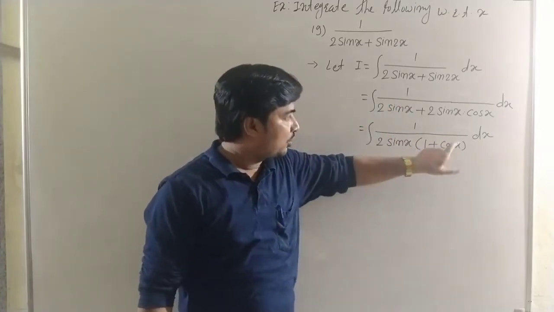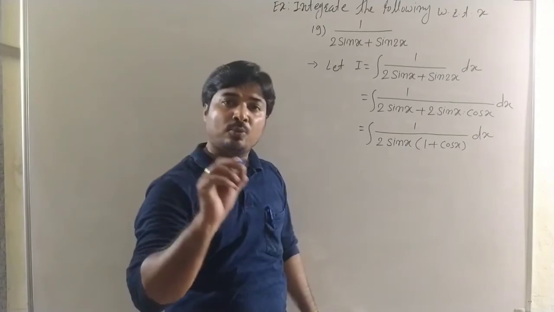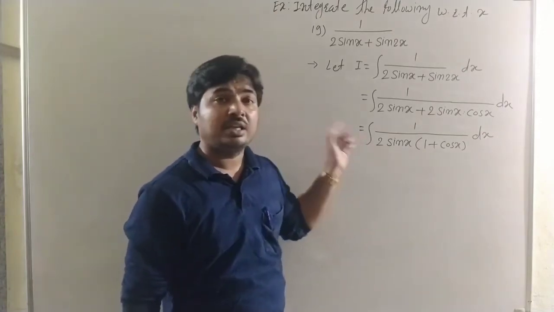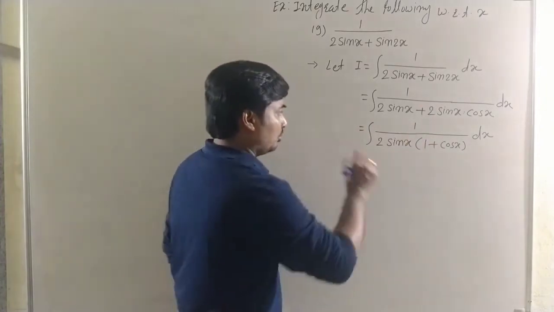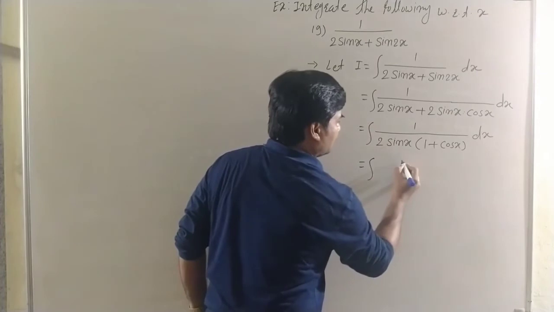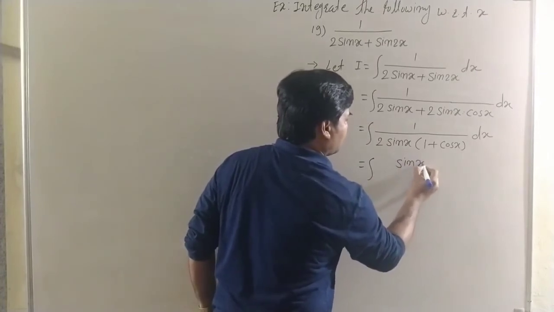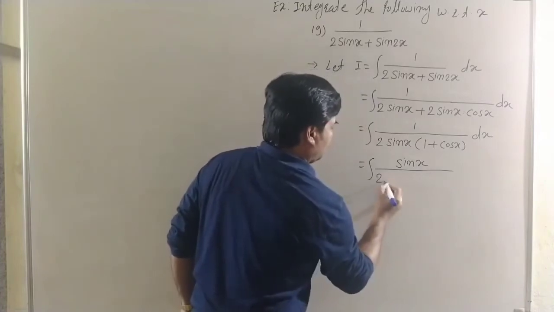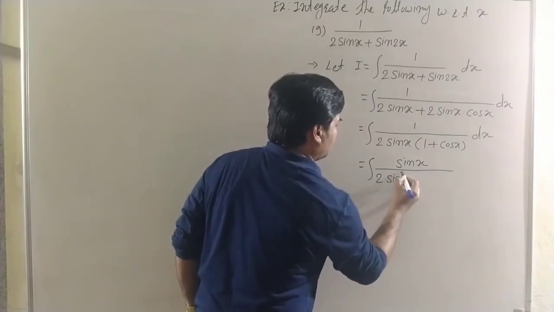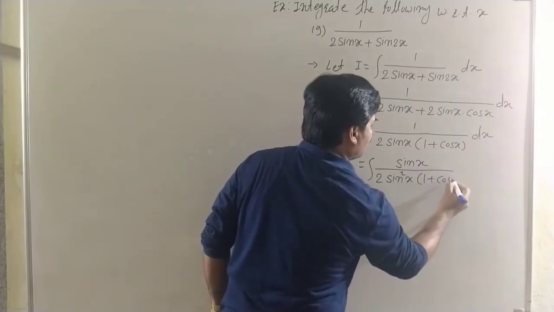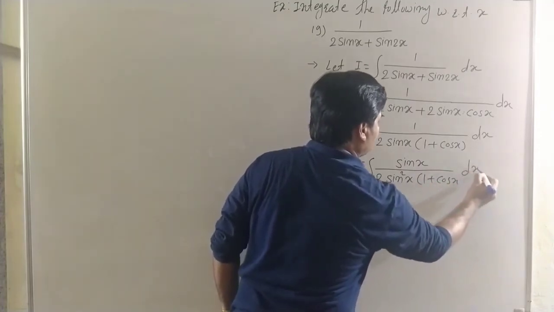Now here we put cos x is equal to t, and the derivative of cos x is minus sin x, so we adjust the sin x in the numerator. Multiply numerator and denominator by sin x, then it is sin x upon 2 sin square x into 1 plus cos x dx.